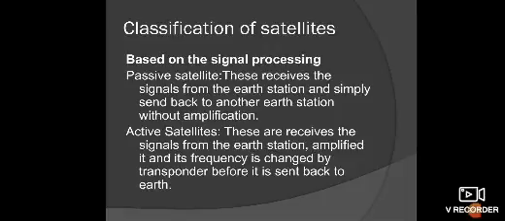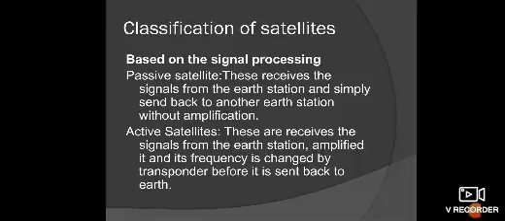When we have an active satellite, it receives the signals from the earth station, amplifies them, and the frequency is changed by the transponder to the downlink frequency before it is sent to the earth. That is called an active satellite.